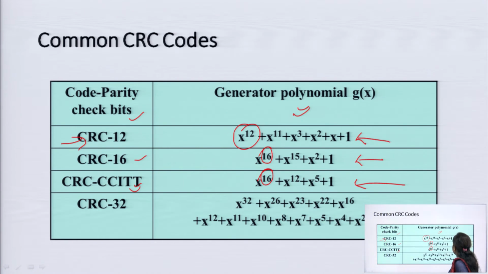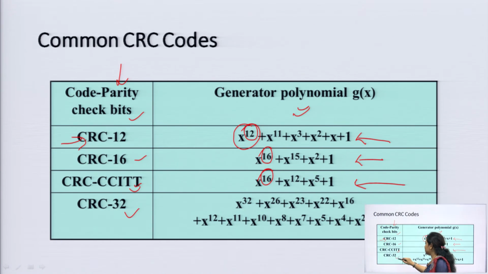So, what this table basically shows is that whatever check bits or code parity check bits you are taking, like CRC 12, CRC 16, CRC CCITT, each has a fixed generator polynomial. If in the numerical it is given that you have to use a particular type of parity check bit like CRC 16, then you have to consider only this generator polynomial, which has the highest power of x equivalent to 12.